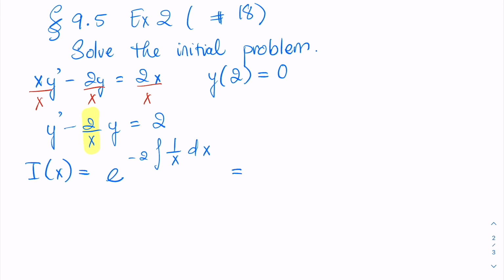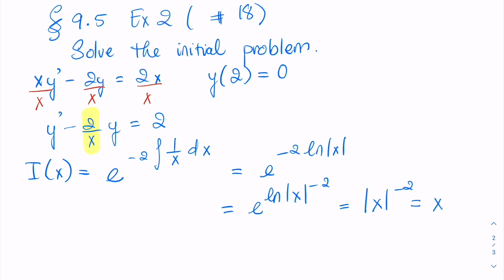That turned into e to the negative 2 ln absolute value of x. So when I rewrite, I should get e to the ln of x to the negative second power, which is just the absolute value of x to the negative second power, and then we can just drop the absolute value.